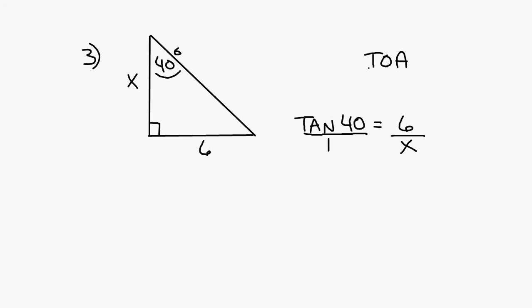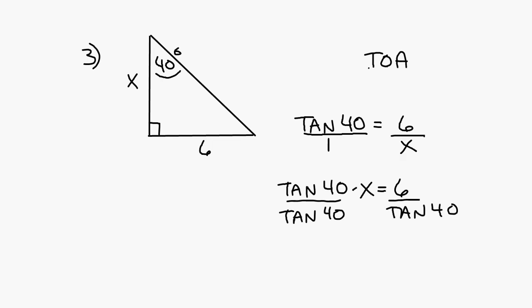When you crisscross multiply, tan 40 times x equals 6, and you divide both sides by tan 40. So x equals 6 divided by tan 40, which is 7.15, so 7.2.